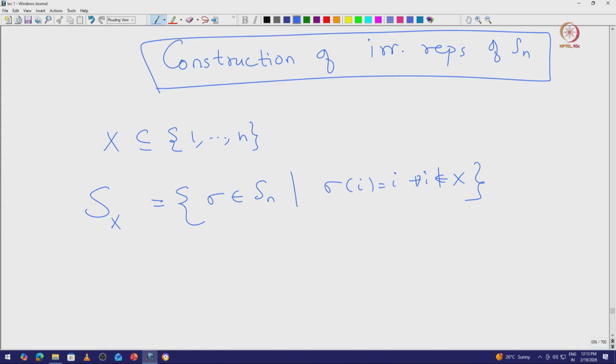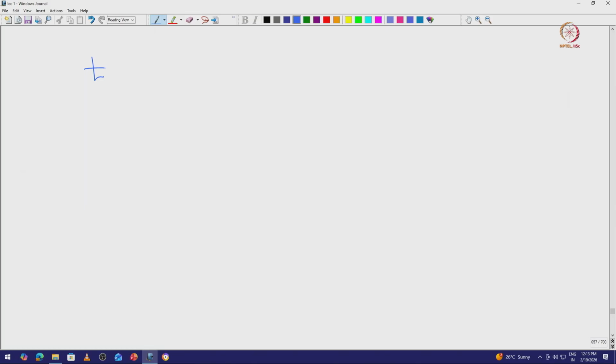And now, given any Young tableau, we can define what is called the column stabilizer of the tableau and the row stabilizer of the tableau. So, let us fix the notation. Let us call this T. So, this is a Young tableau. Now the column stabilizer of this T, which is denoted by C t, is those sigma in S n such that it just leaves each column invariant.